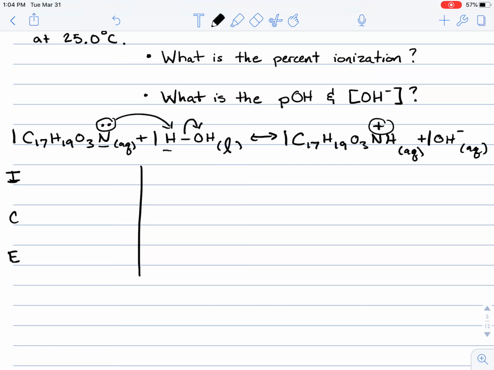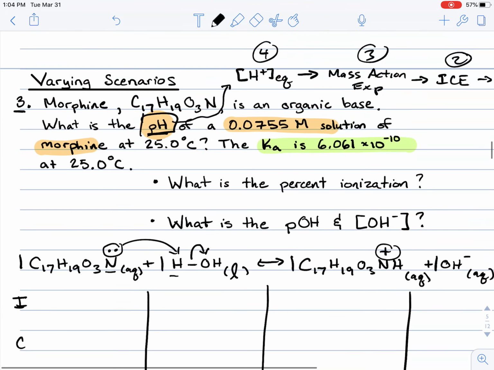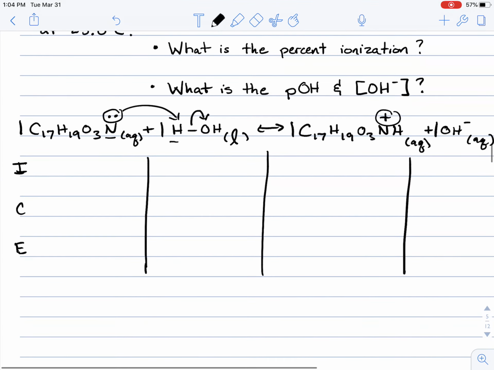This is supposed to be liquid. All right, so for our ice table, we need to determine the initial concentration of our organic base, morphine. And in this case, it's going to be 0.0755 molar.